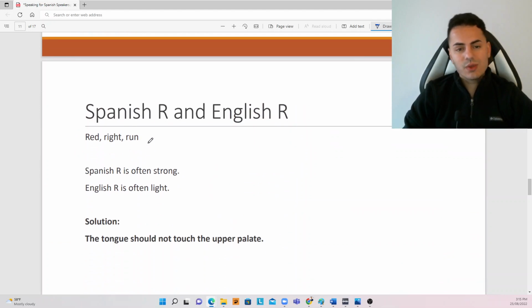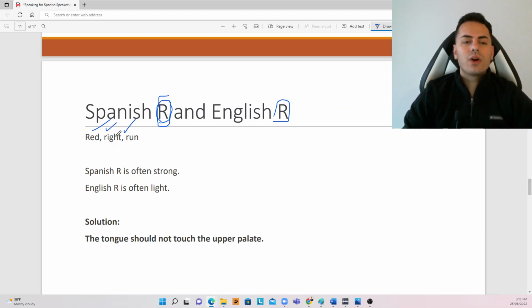What else? This one is an issue in general English, but I wouldn't say it could create a big issue in PTE. But let's talk about it. It is about the Spanish R and the English R. In Spanish, the sound R is very strong, okay? So red, right, run.